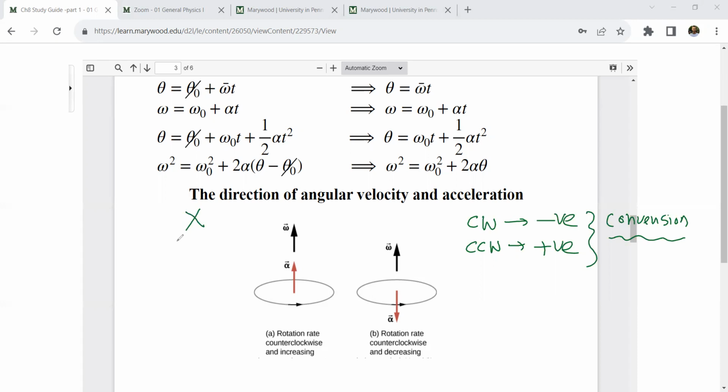We need the right hand rule to discuss the direction of the angular velocity and angular acceleration, but here I'm not teaching this. For an algebra based course, you just need to understand that clockwise rotation means negative sign and counterclockwise rotation means positive sign. That should be enough.